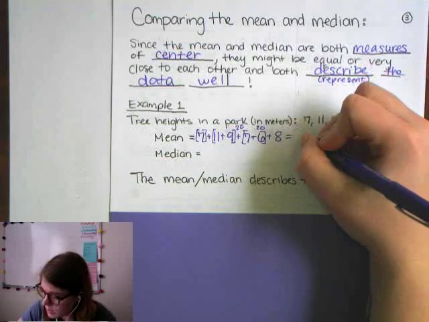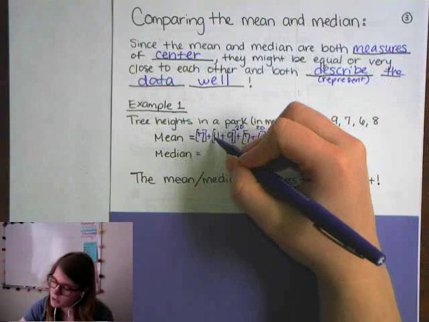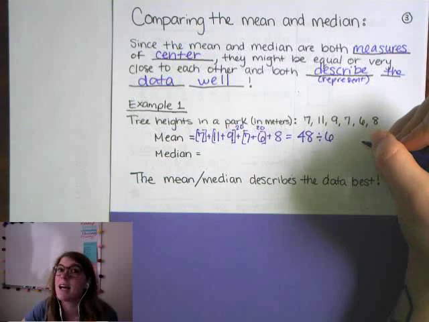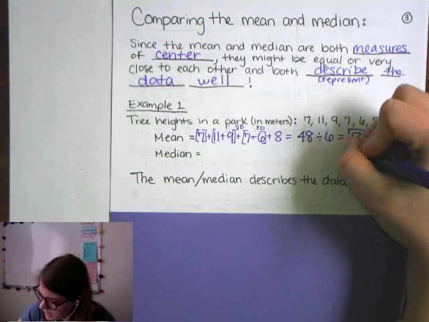And then 8, so we're going to have 48 here. And then we've got 1, 2, 3, 4, 5, 6 values, so 48 divided by 6 is 8. Good job. So our mean here is going to be 8.